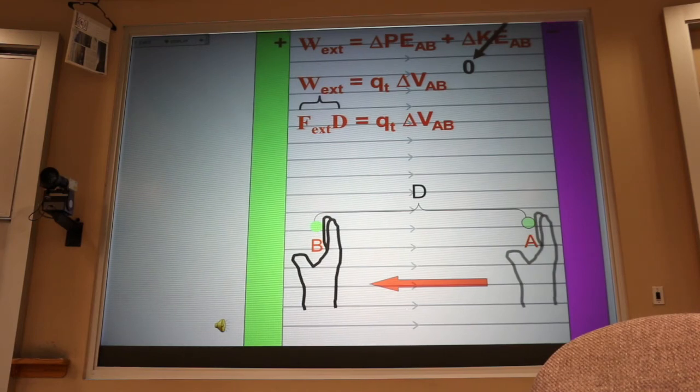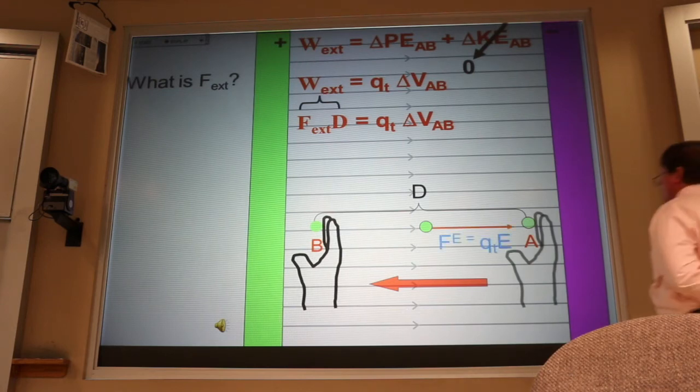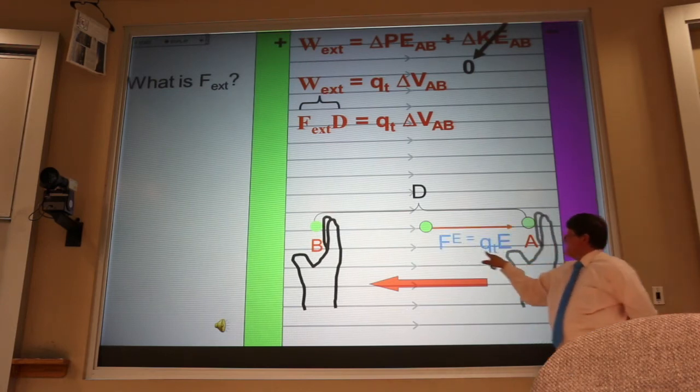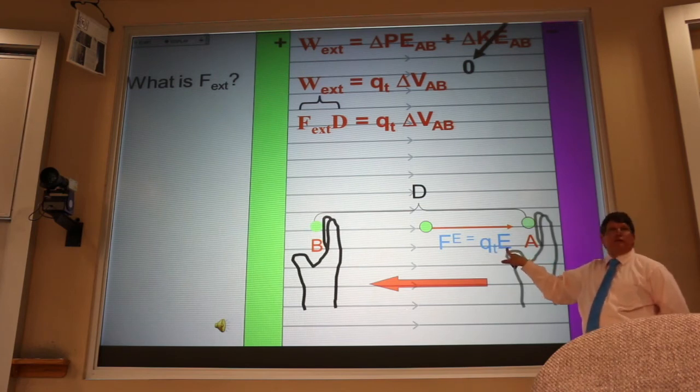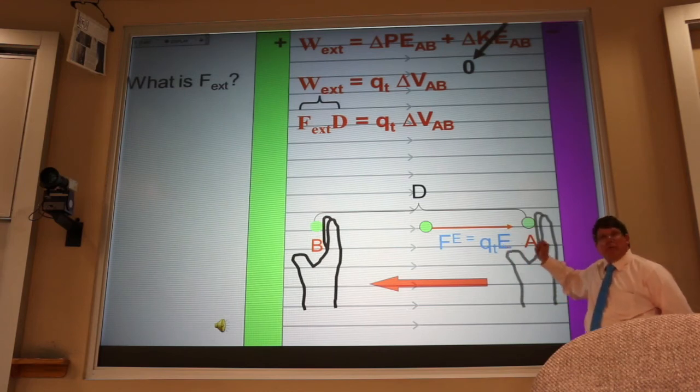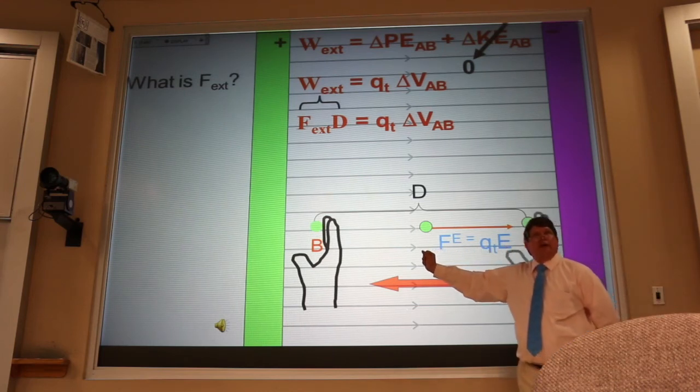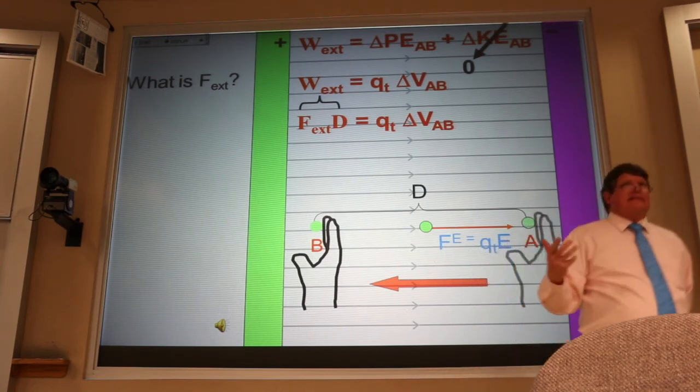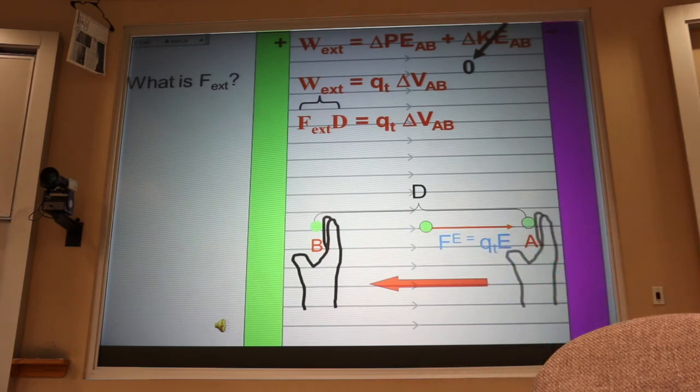That's our operational definition. Well, how hard do I have to push? What is that force by the hand? Well, if I look at a free body diagram, I have an electric force, and that's given by the definition of the electric field. It's just a test charge times the electric field. Now if I want to push this at a slow, constant velocity, I've got to fight that electric force. I have to push just as hard.